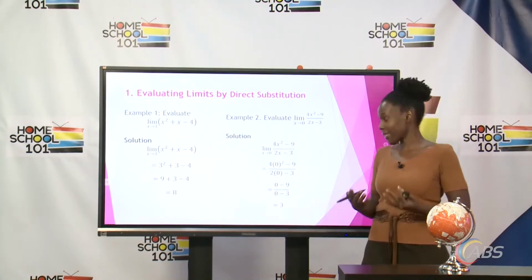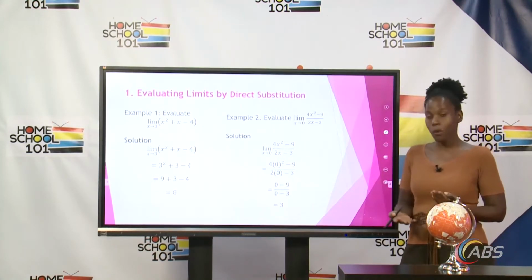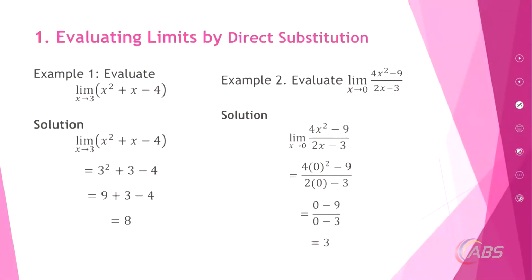So we know that 0 times anything would give us 0, hence this portion would become 0, and what we're left with is negative 9 divided by negative 3. Again, once we're dividing and we have two negative signs, the signs would cancel, and what I'm left with is positive 3. So in the method of direct substitution, I directly substitute the value of x into the function.